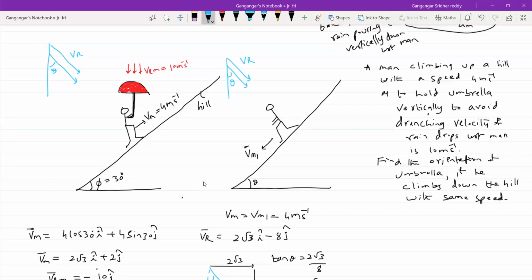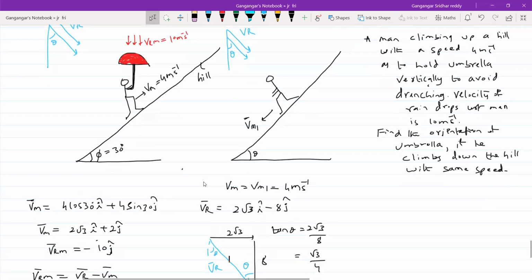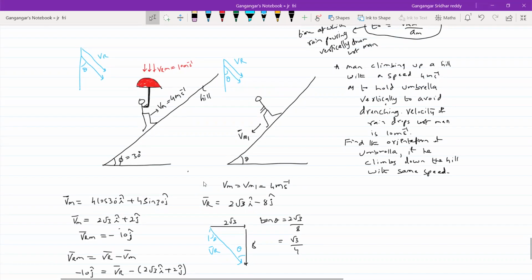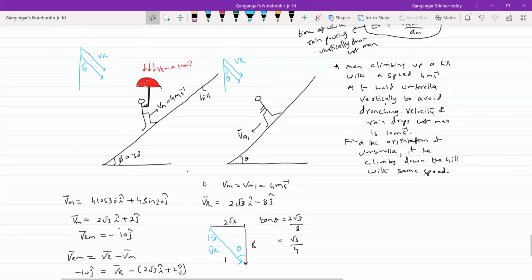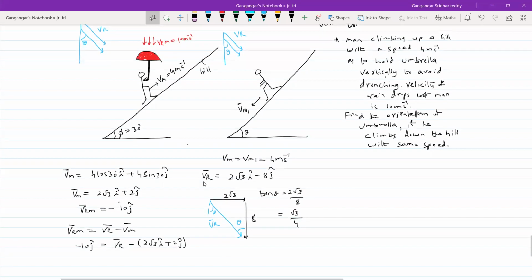Now get into the second part of the problem. VM1 bar define, VR bar already you know it. Then get VRM1 bar. Sir, can you zoom out the screen, sir? On phones, we are not able to see the down part. I think everything is visible.